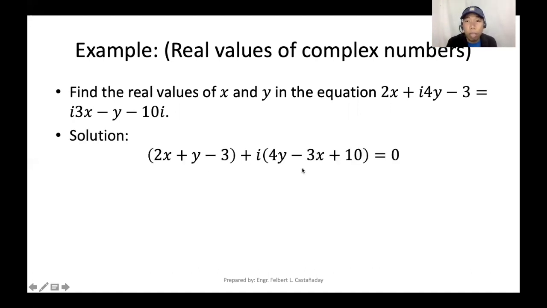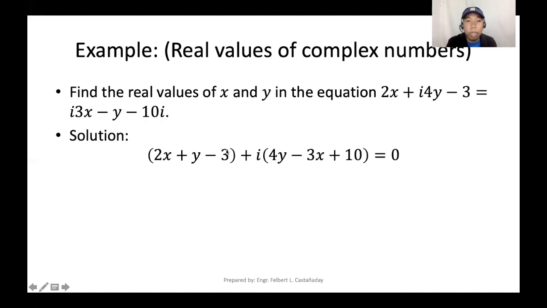Now this is the equation that resulted after we transpose the right member of the equation to the left side of the equation. Everything that you transfer to the left-hand side will now change its sign. So just like this, positive i3x will become negative i3x, a negative y will become positive y, and negative 10i will become positive 10i.